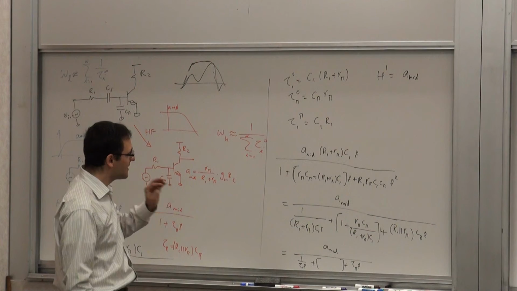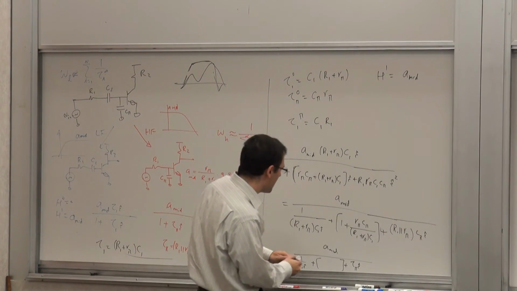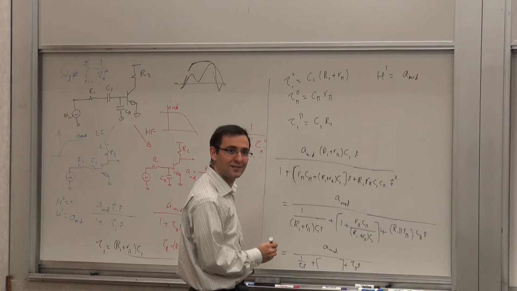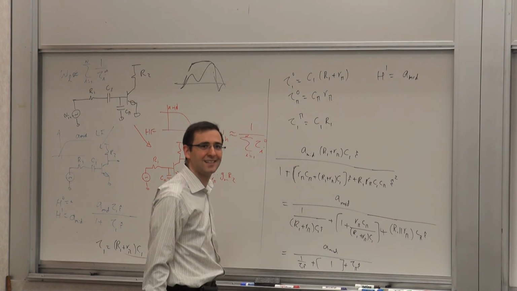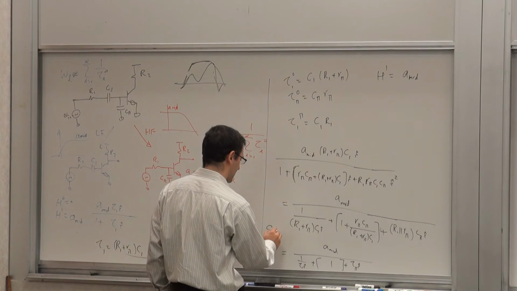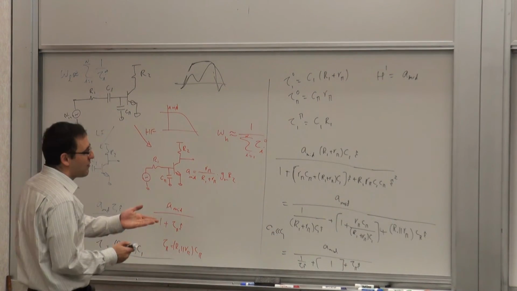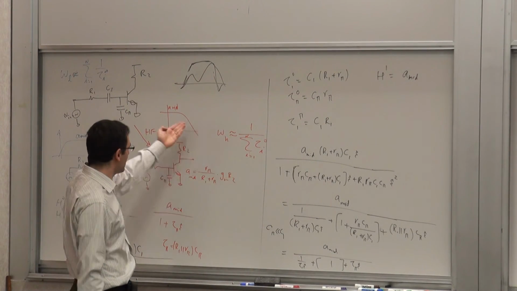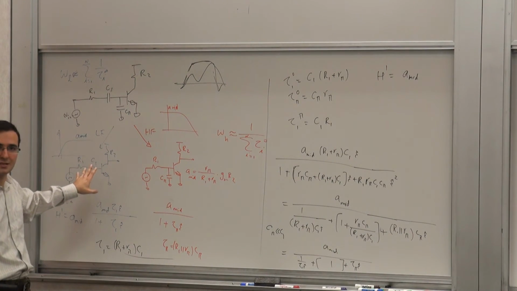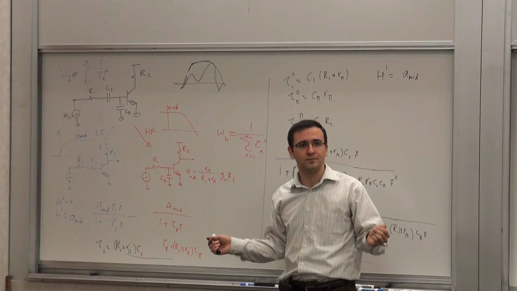To be able to see, there are two separate parts. To be able to completely separate them, if you assume that C pi is much smaller than C1, then this becomes 1. And then it works out. So you can see, but this is more difficult than doing this. So that's why you try to divide and conquer. Break it up into the smallest pieces you can, and then you can go forward.